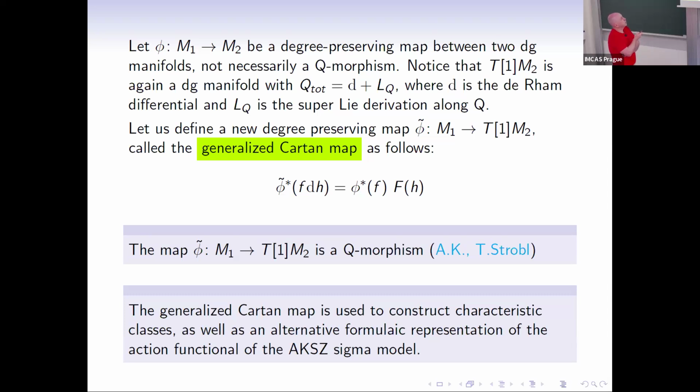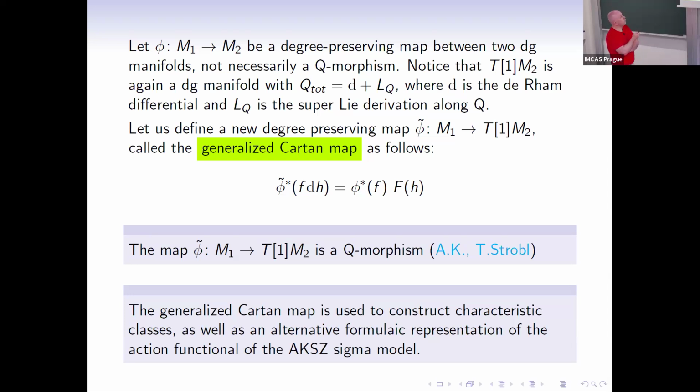Then we can produce another map, which is a map from M1 to T shifted by 1 of M2, where T shifted by 1 of M2 is endowed with two Q structures. One is the de Rham differential, which always exists. Another is the Lie derivative of the Q structure on M2. And then if you take the total Q structure, which is the sum of the two, every graded map from M1 to M2 can be lifted to a DG morphism from M1 to T shifted by 1 of M2.